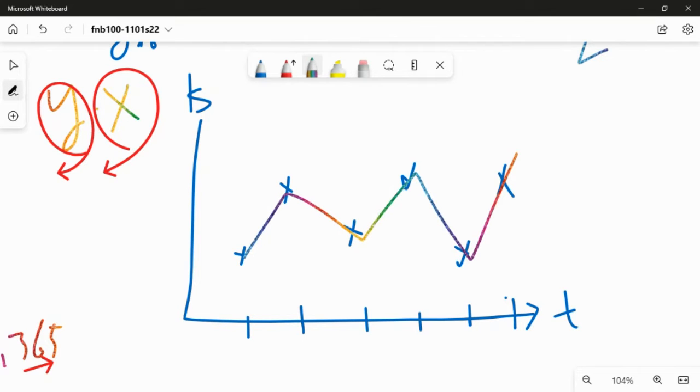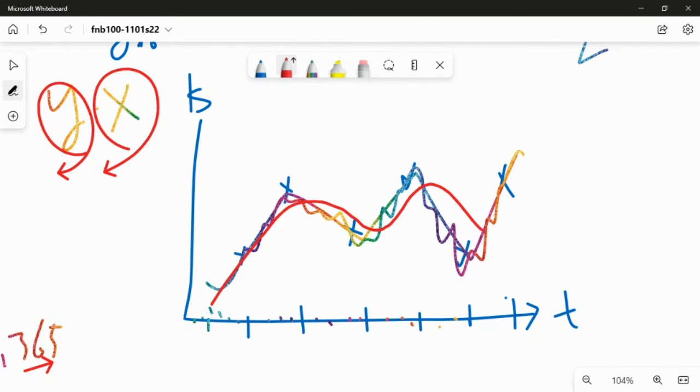But if we track it by the minute, it will look more like this. But if we track it by a very fine segment of time, it will eventually be a fine, very smooth line.